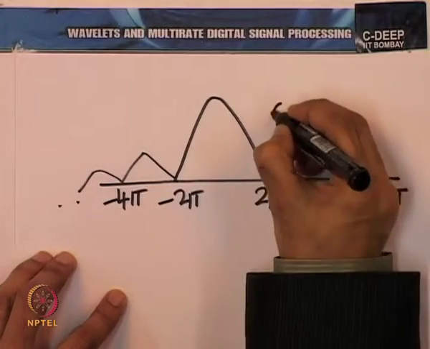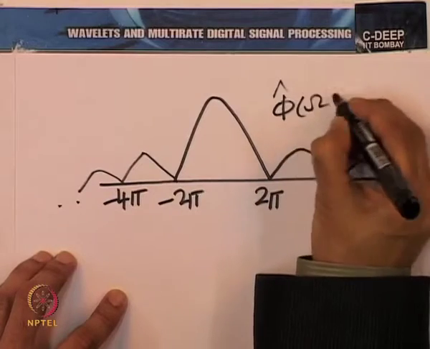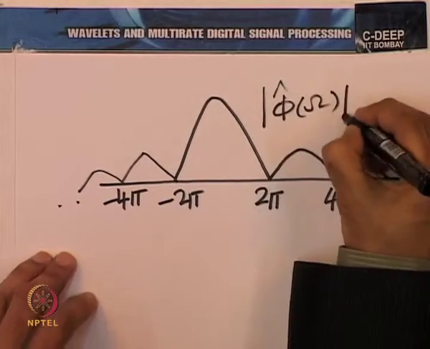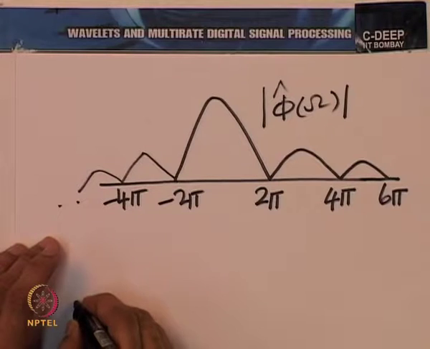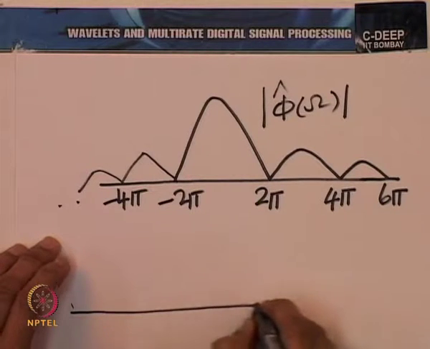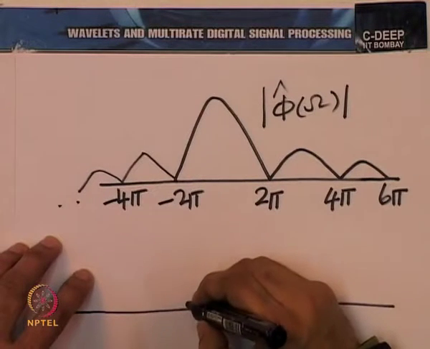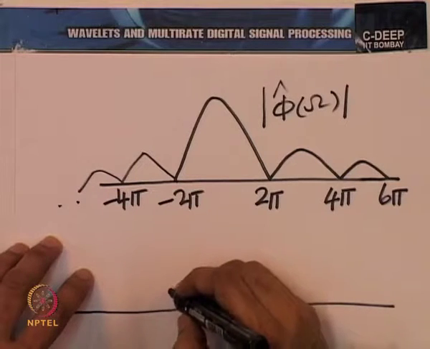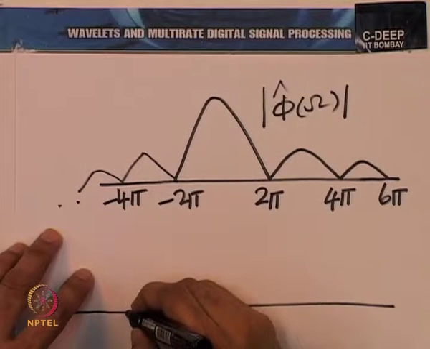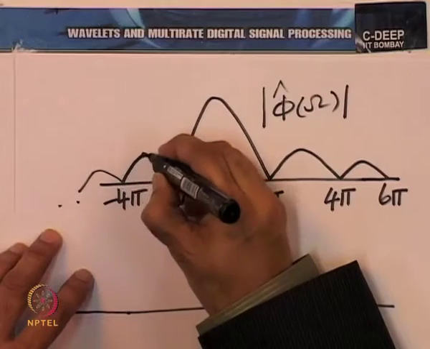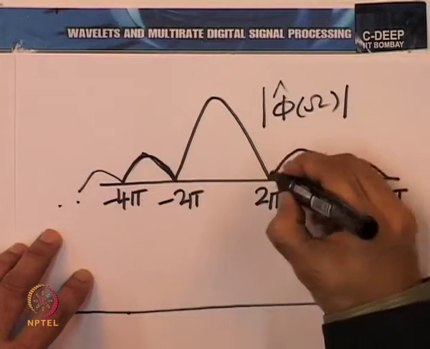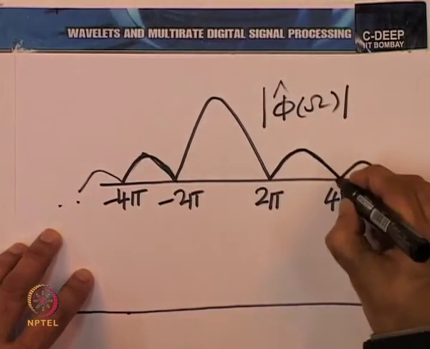I am just sketching mod phi cap omega, and here I sketch mod phi cap omega by 2 multiplied by half. Of course, this should be smooth here, all these are smooth.